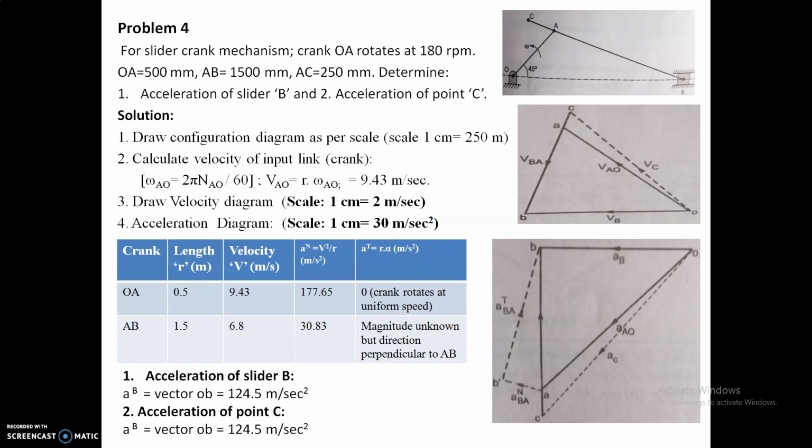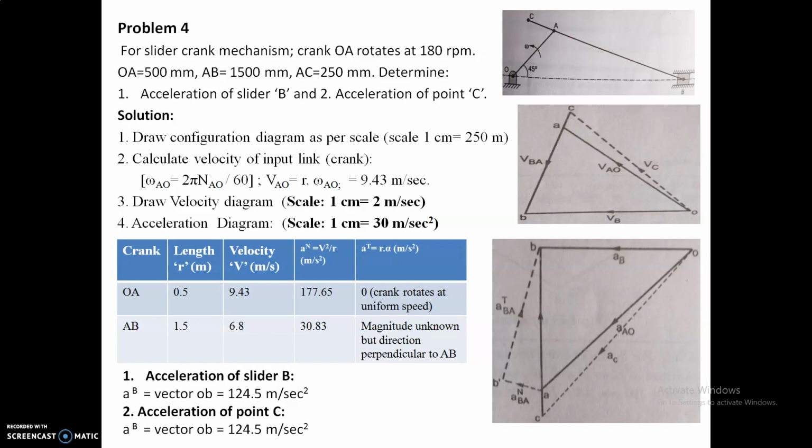How much is the magnitude for the crank? It is 9.43 divided by the scale. So 9.43 divided by 2 means 4 point something centimeter. So you take the length of 4 point something centimeter, that is small oa.